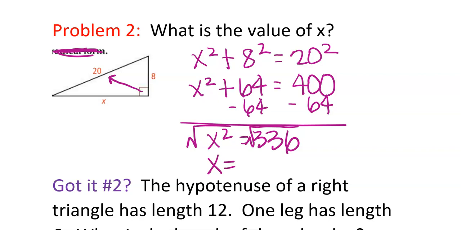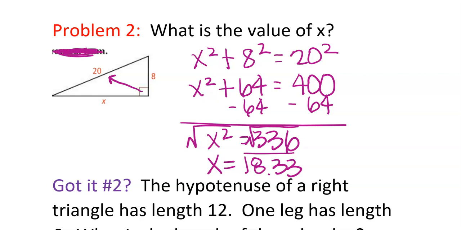Since it's talking about length, I'm not going to do the negative one. So the square root of 336 is about 18.33. Is this a Pythagorean triple? No, it is not a multiple of 3, 4, 5, 5, 12, 13, or any of those others because it's a decimal. So this one is not a Pythagorean triple, but they didn't ask for it either.